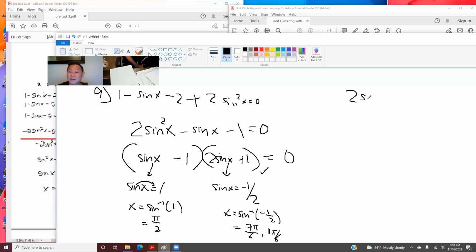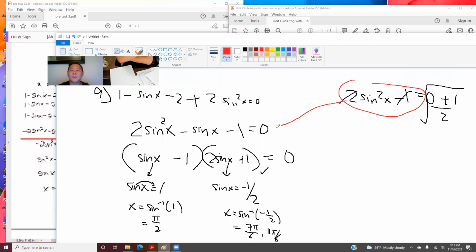If you have 2 sine square x minus 1 equals 0, then you add 1, divide by 2, and take the square root. You see the difference between this problem and this problem? So if you don't have a middle term, you can do this. But if you have a middle term, you have to factor this way.